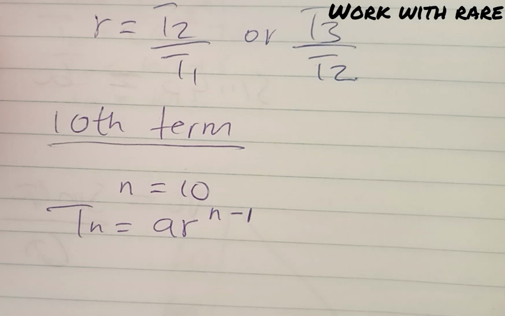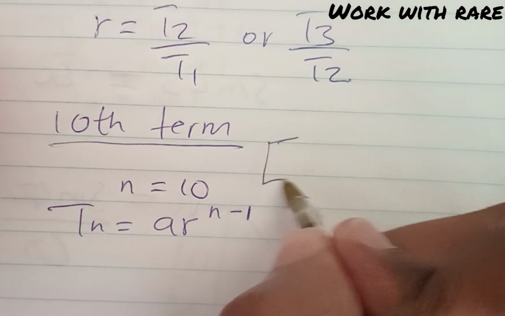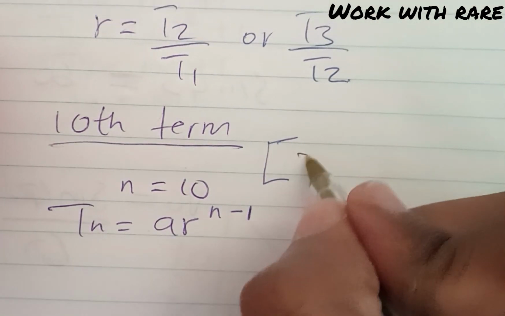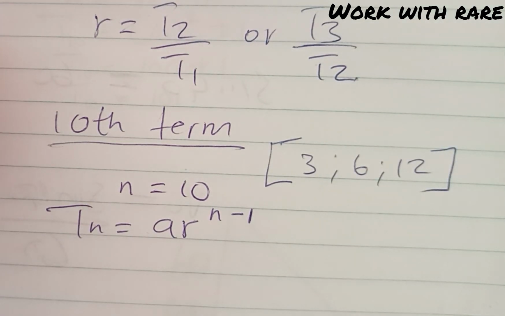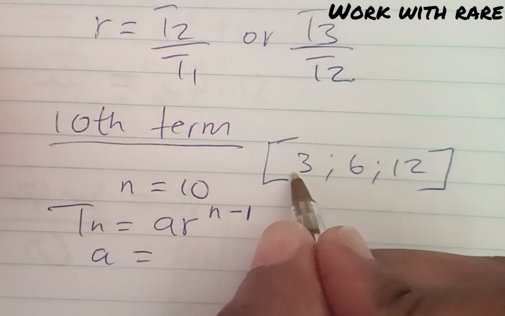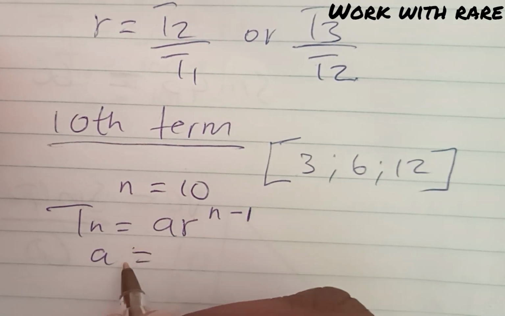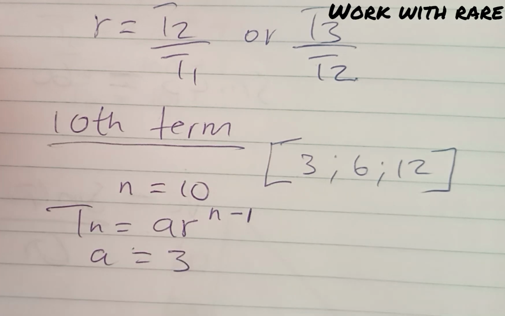So where I see n, I'll write 10. Remember, our sequence is 3, 6, 12, okay? So our a is 3, because a is the first term.